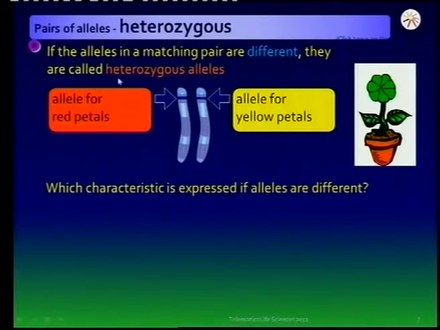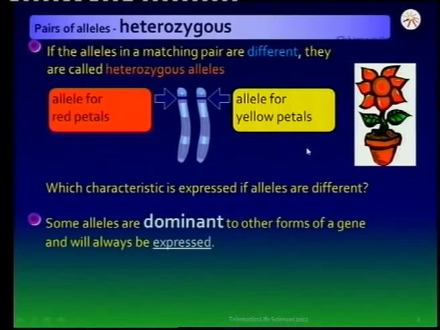Now let's see what the offspring will look like in the phenotype. Which one was the dominant gene, red or yellow? In a heterozygous individual, the allele visible in the phenotype will be the dominant characteristic. So in this case, the red one.